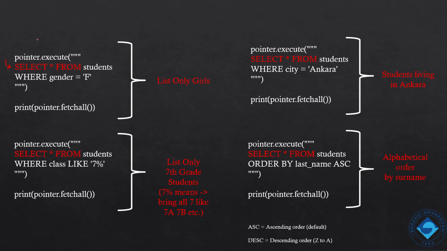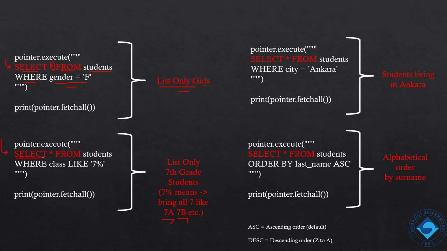In the first example here, it only lists the girls. To be able to do it, I select all values from my table where gender equals female. So it will choose only female students, right? In the second example here, if you pay attention, it will select only 7th grade students. It means if students are from 7A, and the class is 7B, it cannot choose it.